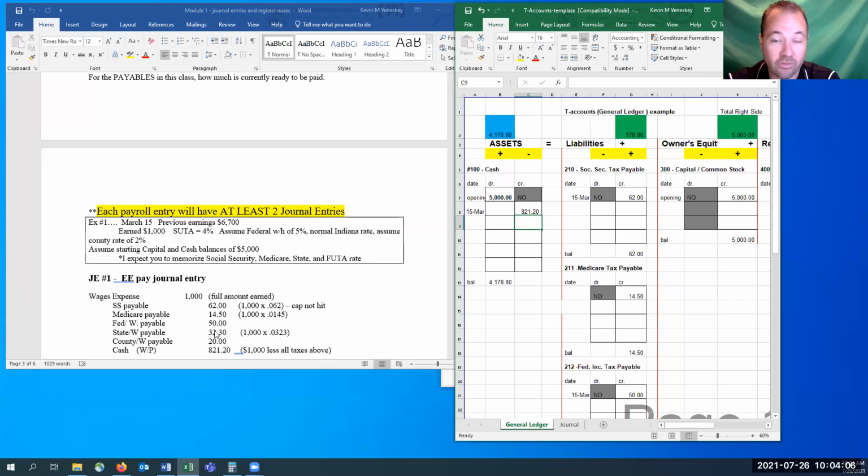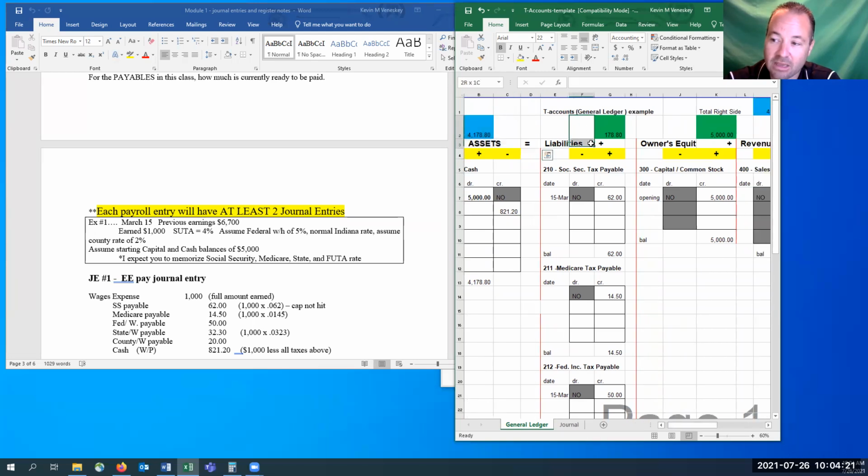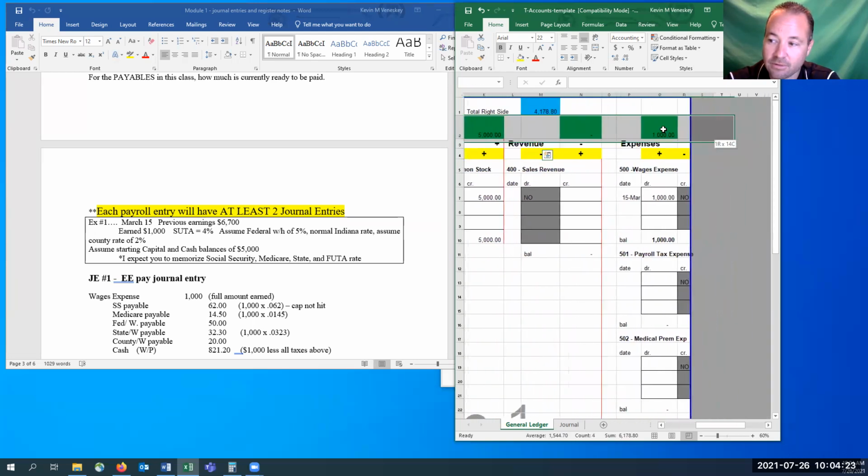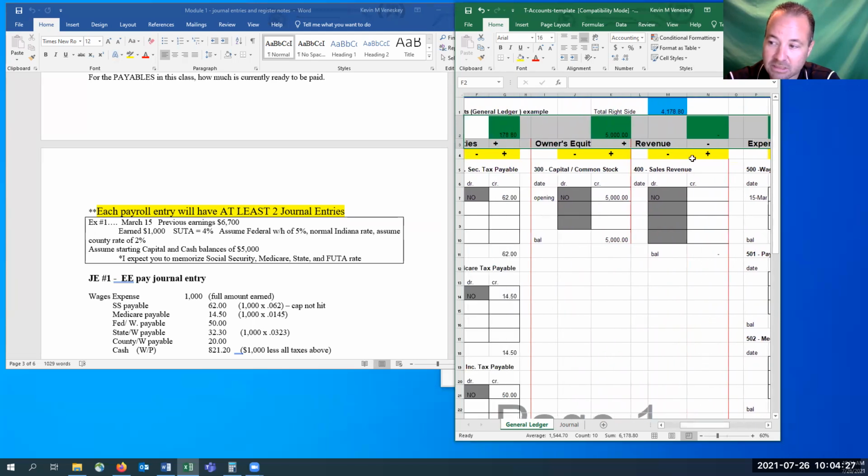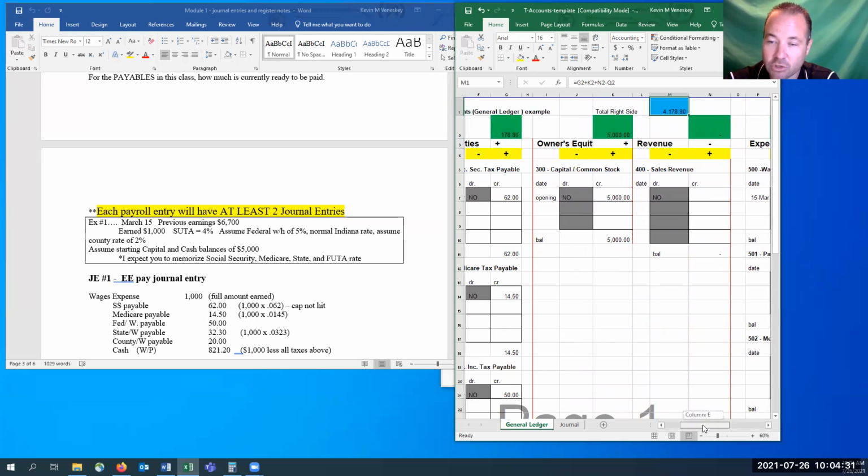Now, if we're all done with the journal entry, we should be able to look up here and see what this side of the equation, everything over here equals 4178, because that's all we had, just that one account. And then everything over here, when you add all of them up and then subtract out your expenses, and that's what I have up here, should be the same as your assets.